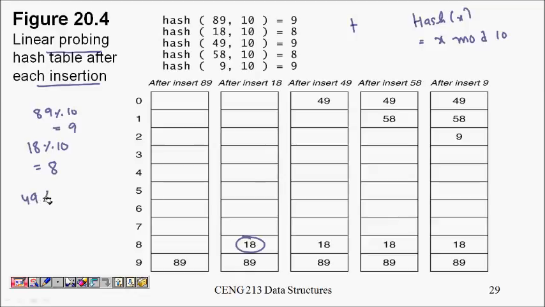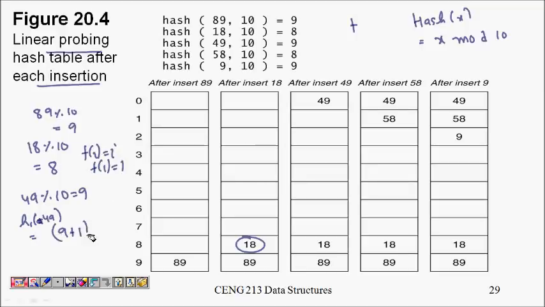Then I need to put 49. 49 modulo 10 is 9. Now you see that this 9 is now filled. So what you do, h1 of 49 will be 49 modulo 10, which is 9, plus f of 1, where f(i) is equal to i, so f of 1 will be 1.